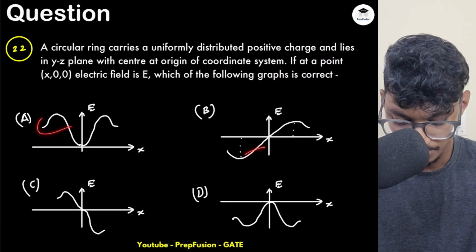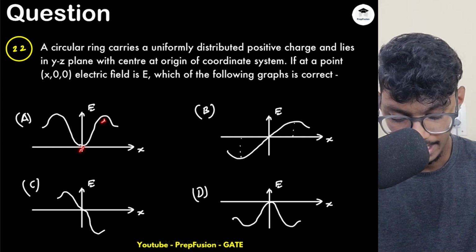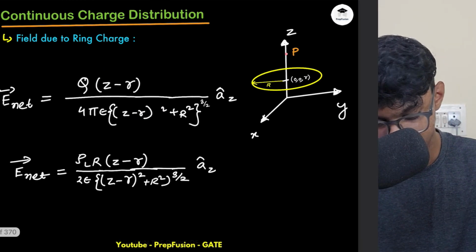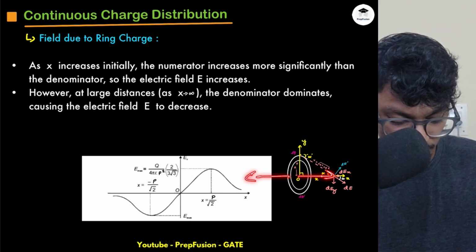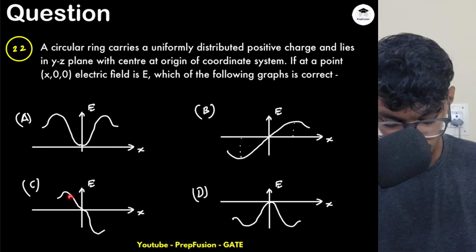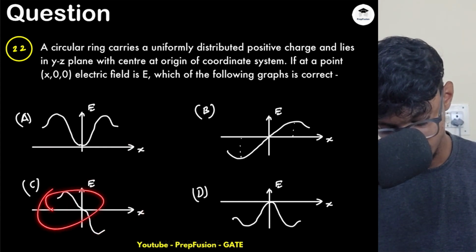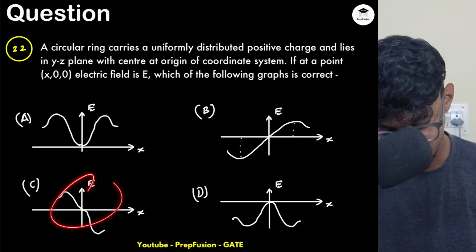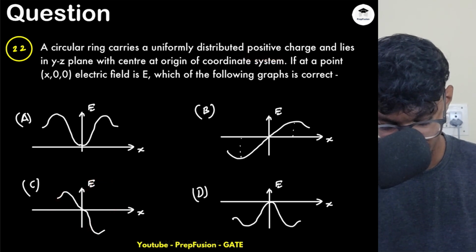It cannot be this because at the center the electric field intensity is 0. Here if I have a ring charge, it is radially outward, and here as well it will be radially outward, in the negative x direction. So it cannot be positive on both ends, it has to be negative and positive. That would have been possible if it was negatively charged, but they have mentioned positive.